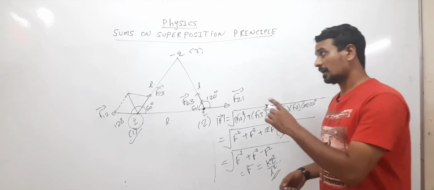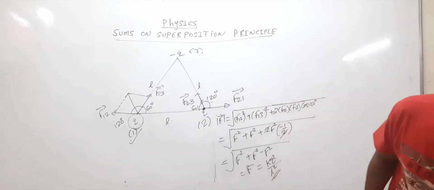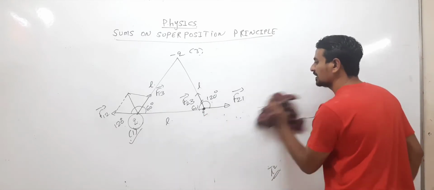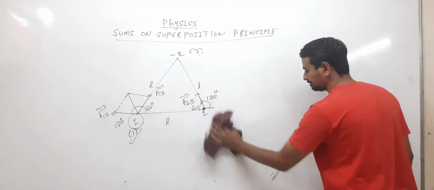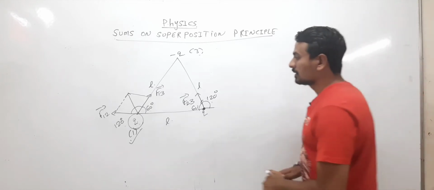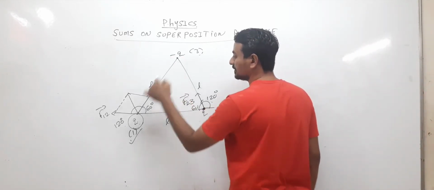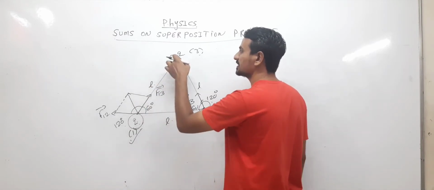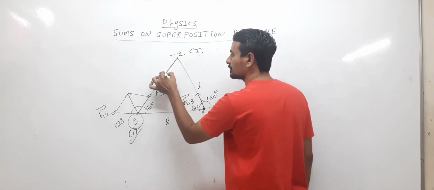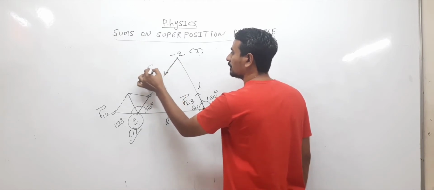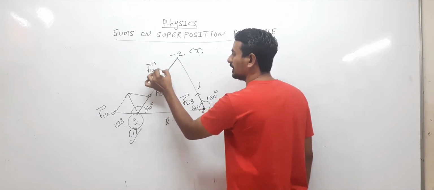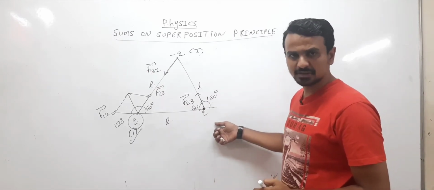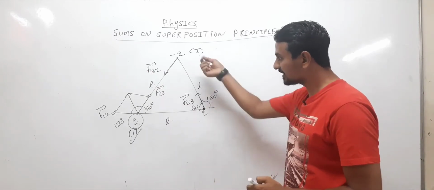Clear? Fine. Now how to calculate the force acting on the charge which is placed at 3? Okay, so the force on 3 because of 1: 1 will be attracting 3 because 1 is positively charged, 3 is negatively charged. So the force will be in this direction. Force on 3 because of 1. Similarly, the charge placed at 2 is also positive, so it will also attract the charge placed at 3.